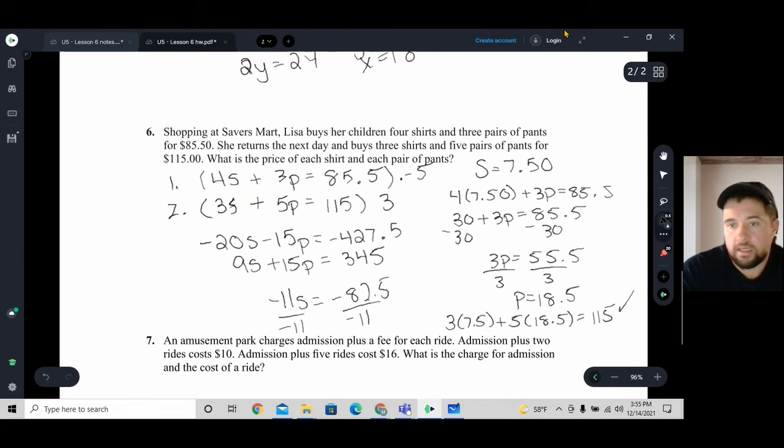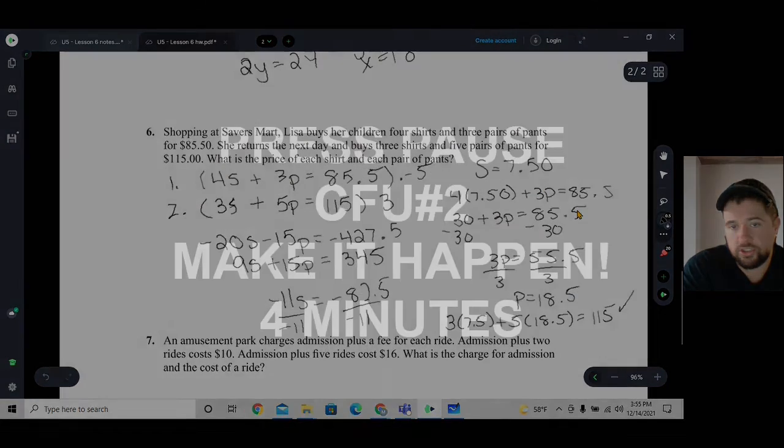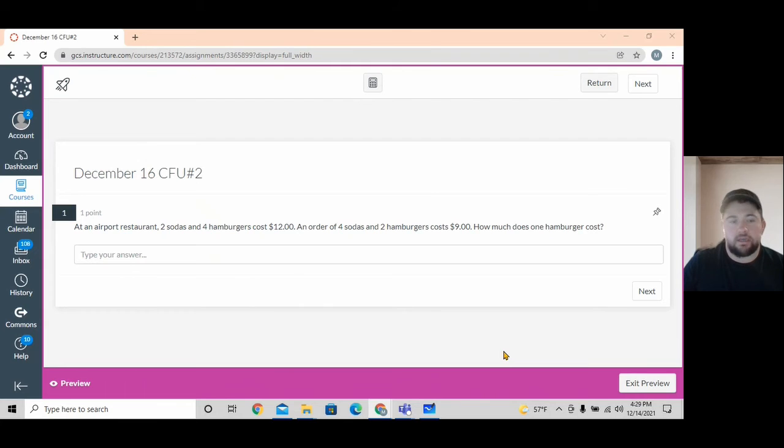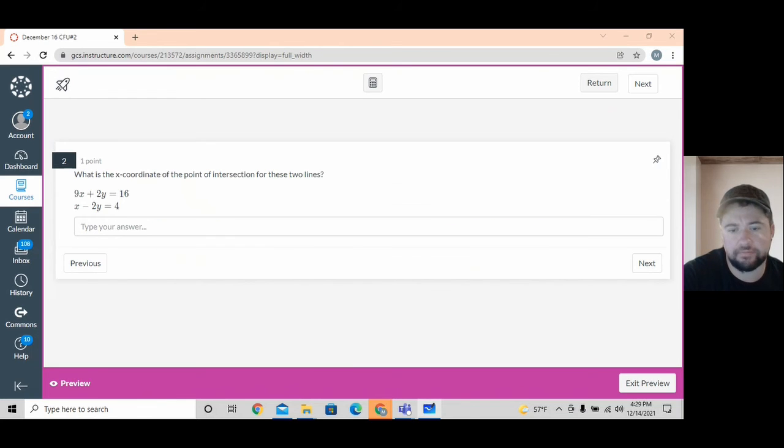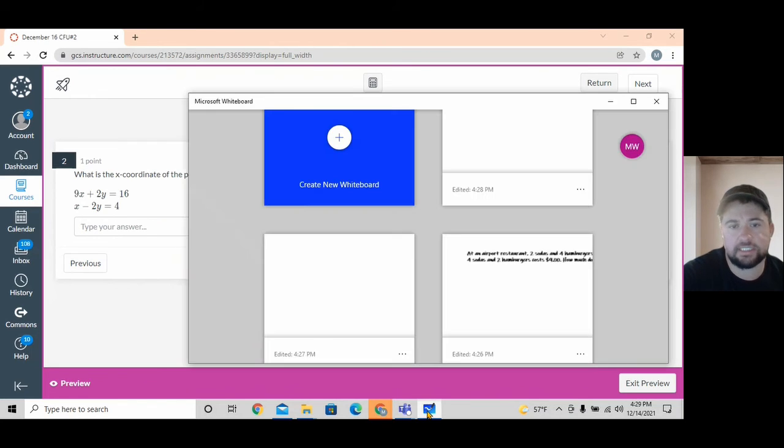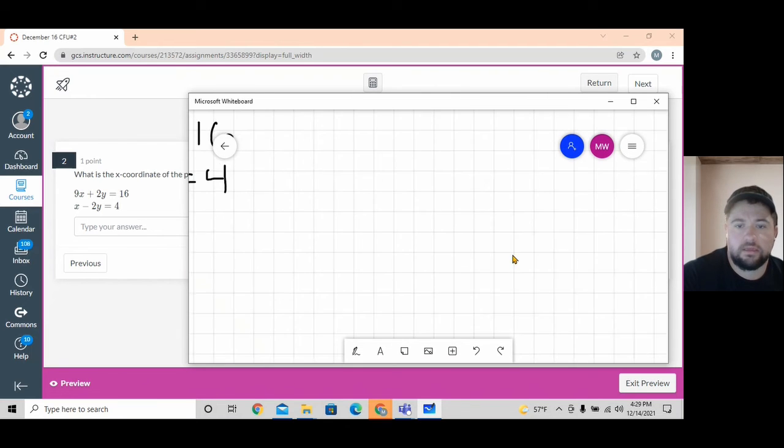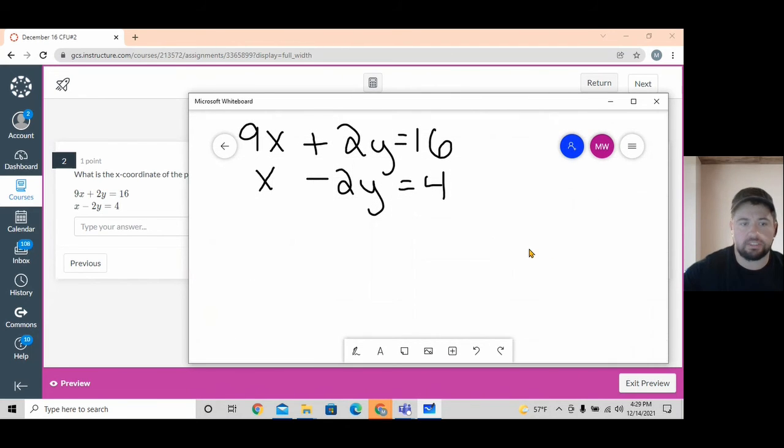Okay, here's what we are going to do. All right, here we go. Check for understanding. We're going to go past the word problem this first time, and we'll go back to it. We're going to look at this second problem right here. 9x plus 2y equals 16, and x minus 2y is 4.